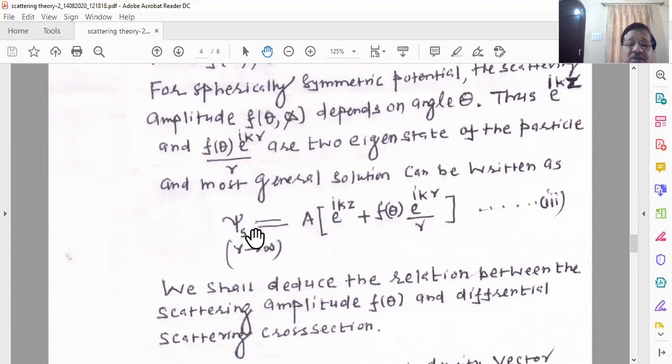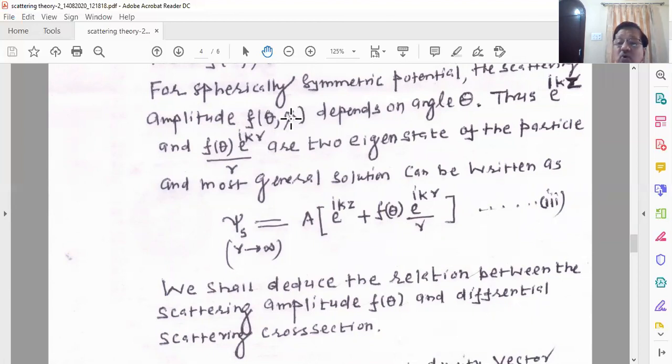When I wrote the general expression, I wrote only f of theta because I consider that the potential is spherically symmetric. Please remember, if the potential is not spherically symmetric, then your scattering amplitude f is a function of theta and phi. But if the potential is spherically symmetric, that means there is no orientation difference between the scattered plane and the reference plane.